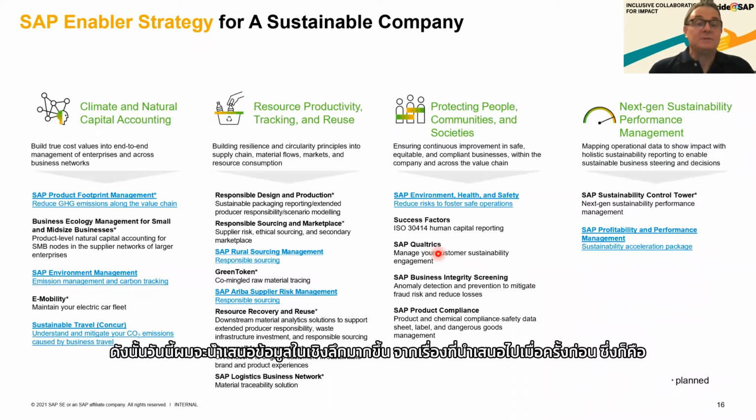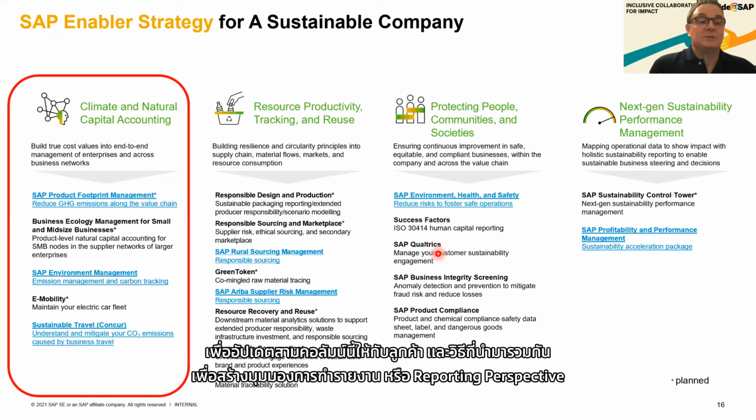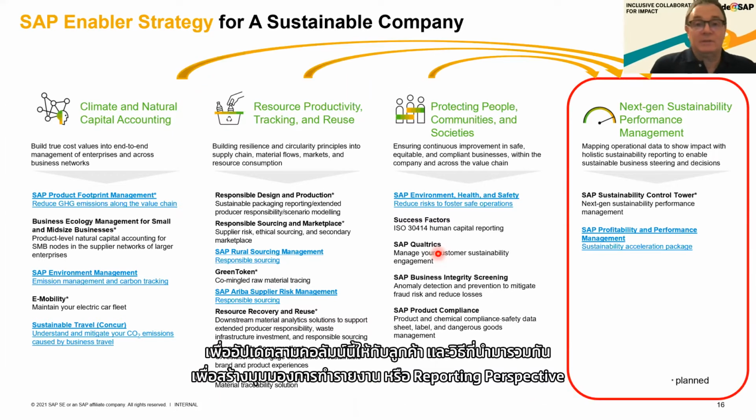So what I wanted to do was go through this in greater depth. What I did in the previous presentation was to just give you an update of these three columns and how they come together from a reporting perspective.